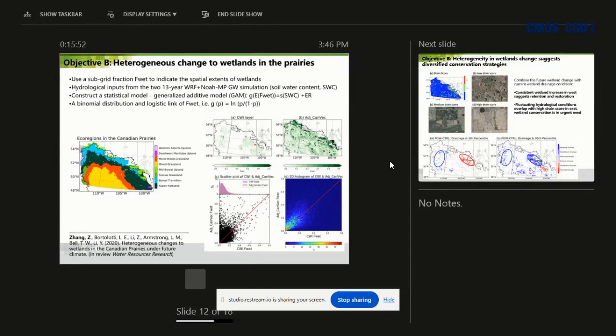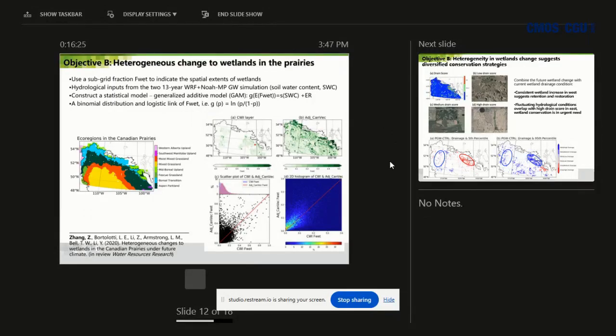We include a parameter called F-wet in the model, which is a function of soil water content, and this is how we did the parameterization. We introduced a definition, put it in the model, and then used the model to simulate the wetland distribution and compare it with the satellite remote sensing results.